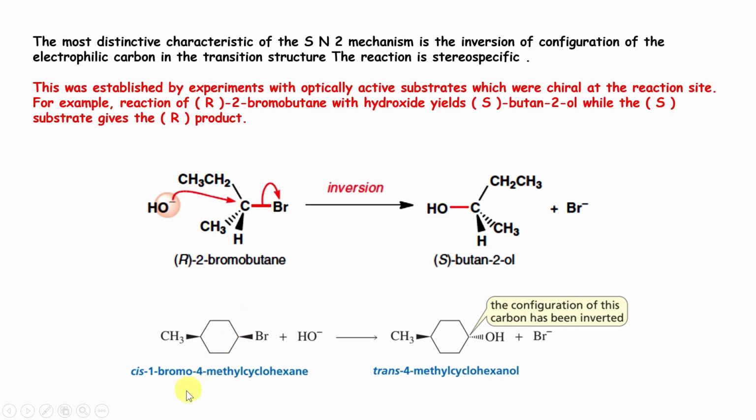See, similarly, cis-1-bromo-4-methylcyclohexane. It is a cyclic compound and it is called cis because both the methyl group and bromine are on the same side.